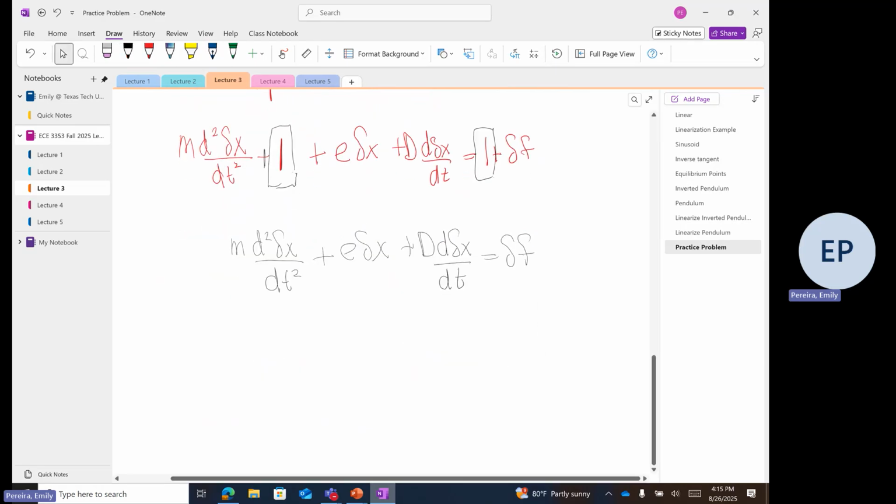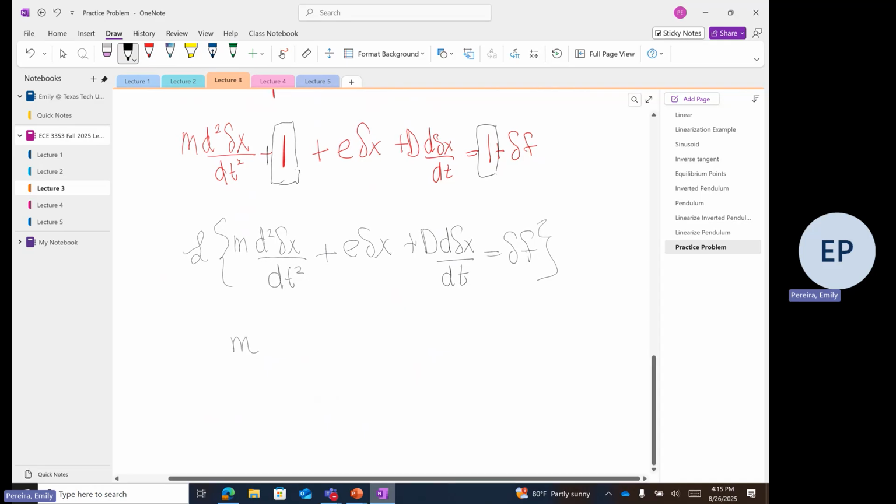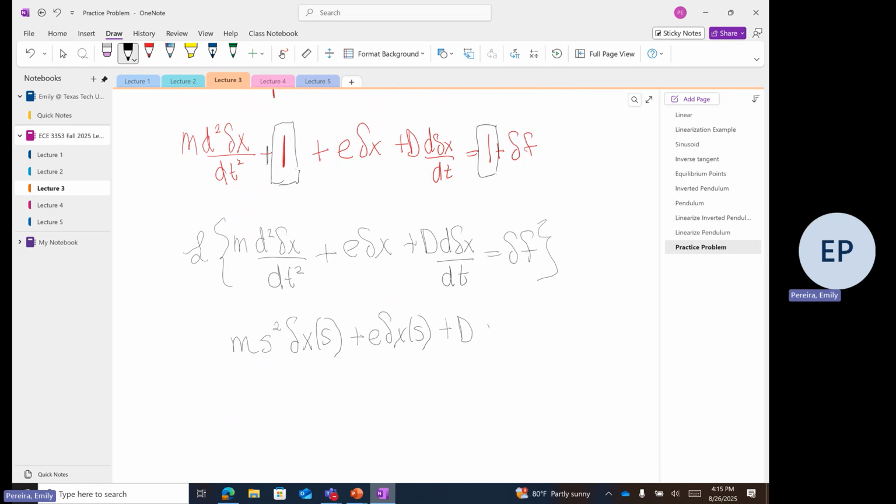And so now we can actually take the Laplace transform of this. So we get m s squared delta x of s plus e delta x of s plus d s delta x of s is equal to delta f of s.